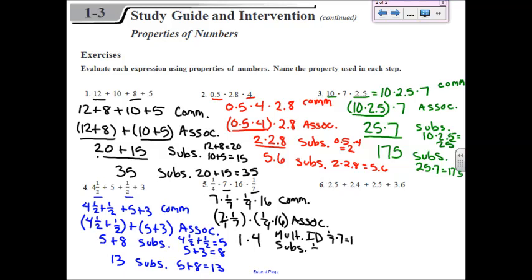And 1/4 times 16 equals 4. The last step is 1 times 4, oh, excuse me, I wrote inverse. I keep saying that. This is multiplicative identity, 1 times 4 is 4.